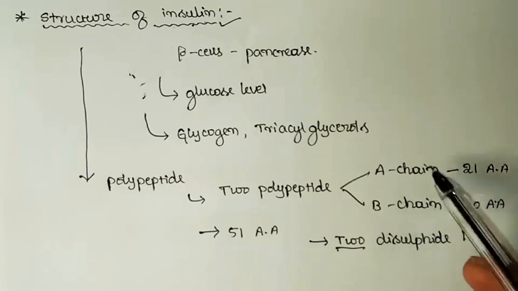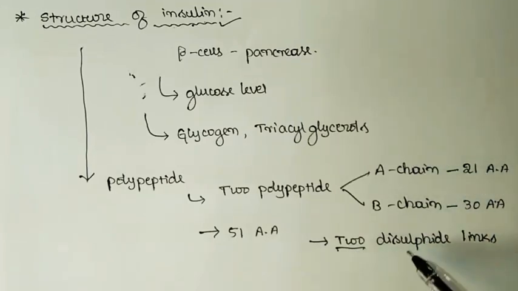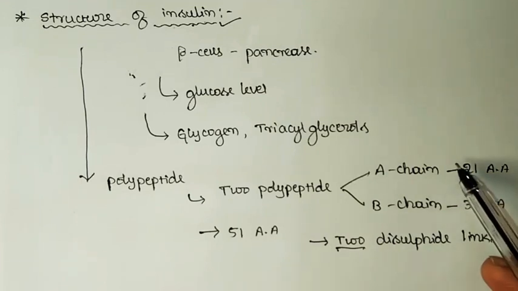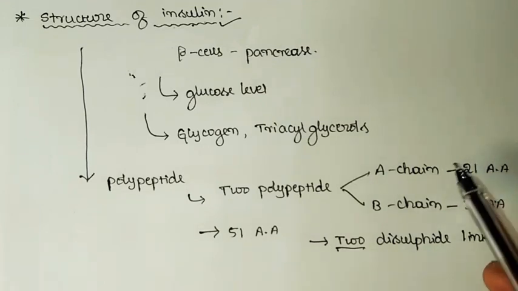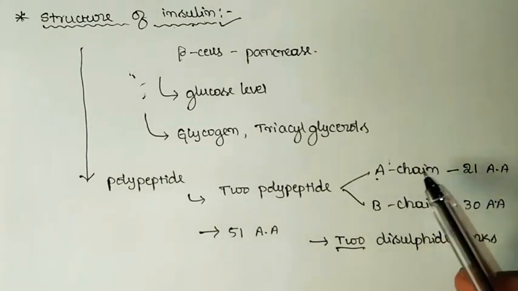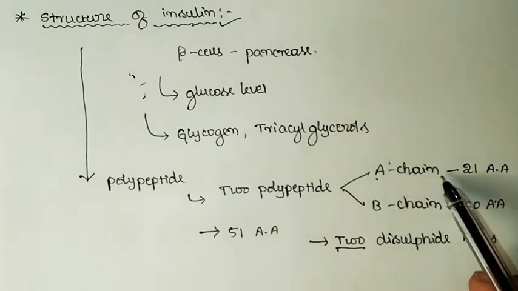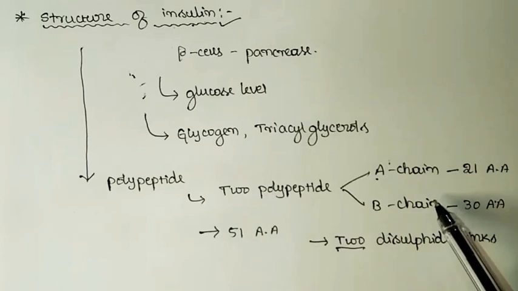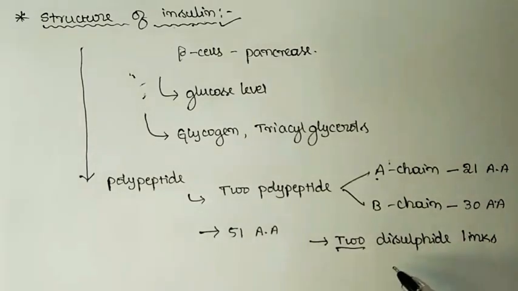That is, between A chain and B chain there are two disulfide links, and there is one more disulfide link in the polypeptide chain A. That is, there is an intra disulfide link present in A chain, and apart from that, the A chain and B chain are joined together through two disulfide links.